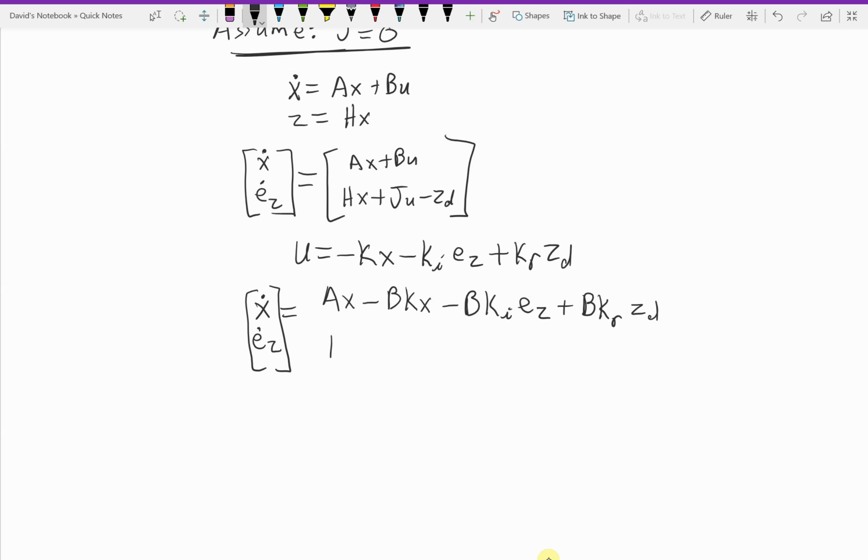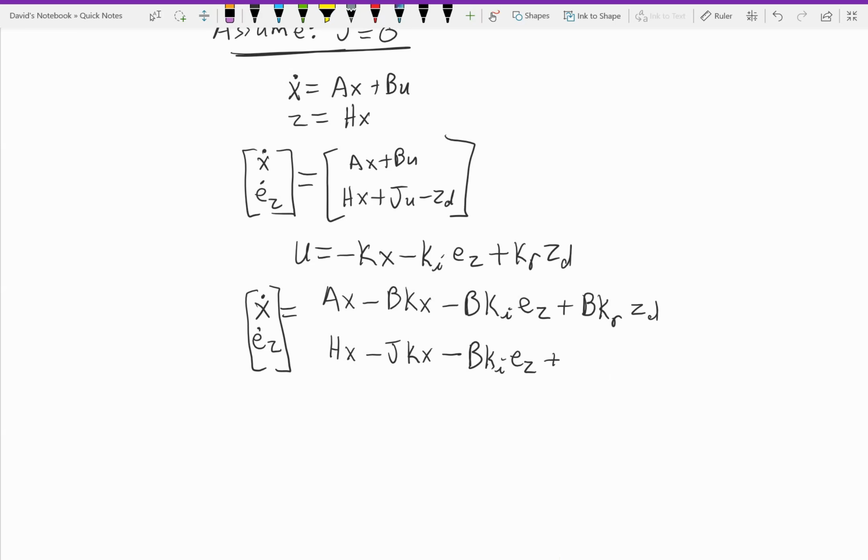and here I'll get Hx minus JKx minus JKi ez plus JKr zd minus zd. And remember that J in this particular case is 0.